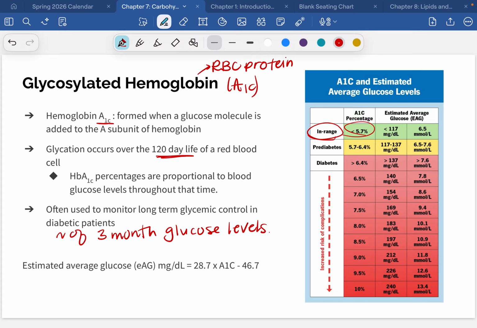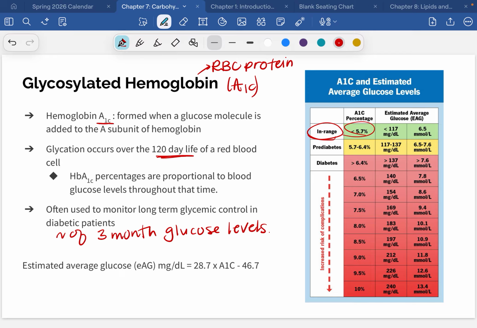Because if a person has type 2 diabetes and they are not that great at controlling their glucose, a lot of times these patients get really, really good at controlling their glucose the 2 days before they go to the doctor, right? They'll control their diet. They'll eat really, really well 2 or 3 days before they're supposed to go to the doctor.